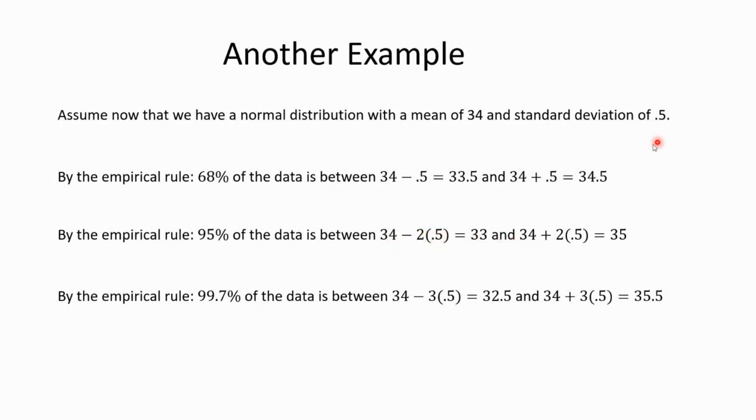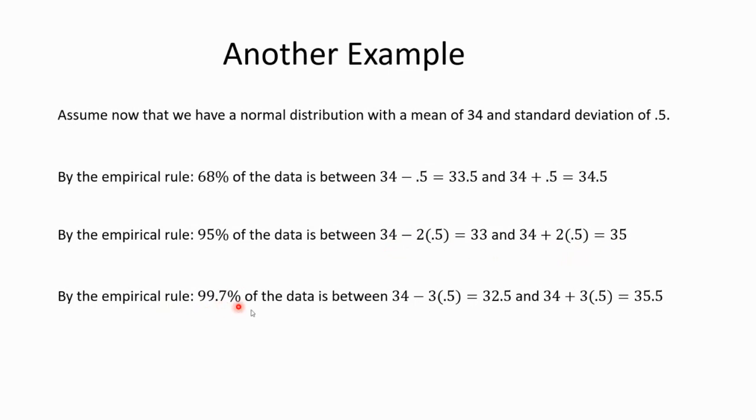This is the standard deviation; we're multiplying it by 2 and subtracting, and now the same idea, except we're adding. 34 plus 2 times a half is 35. So 95% of the data lies between 33 and 35.